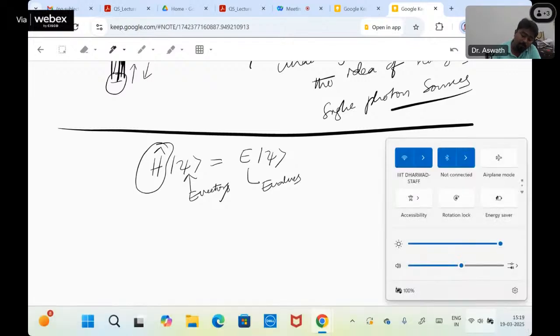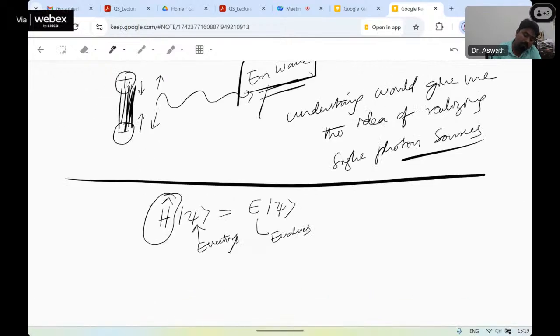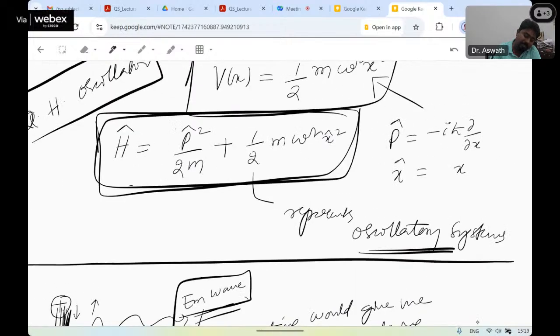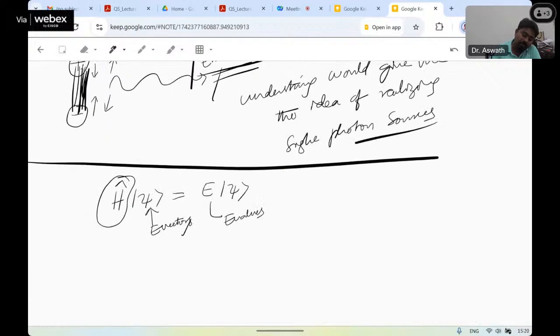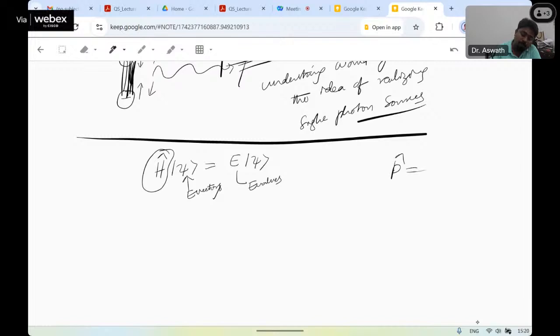Somebody gives me H in the form of the expression like this. Okay, so what is it? It would be converted if I convert p to minus i h cross dou by dou x.